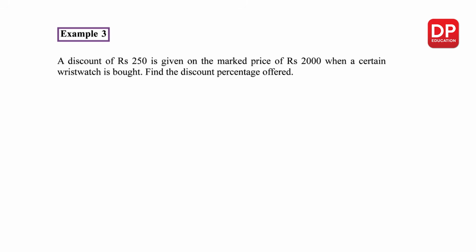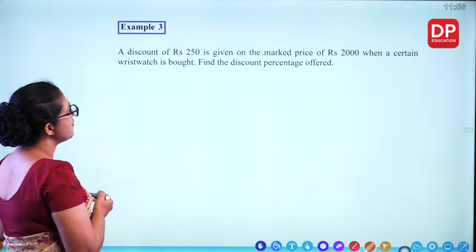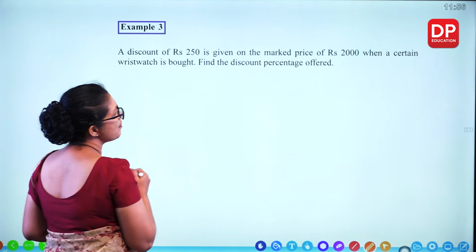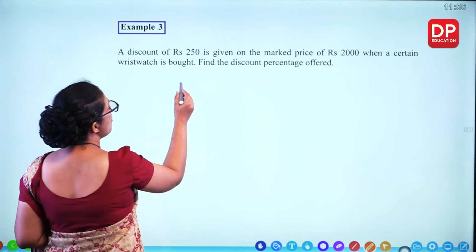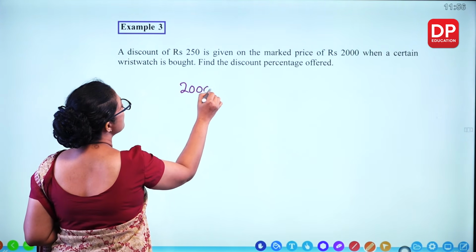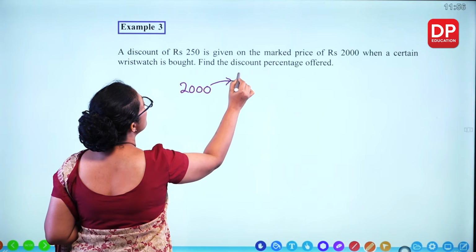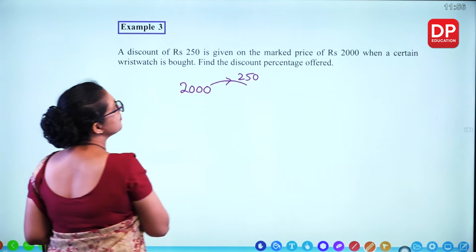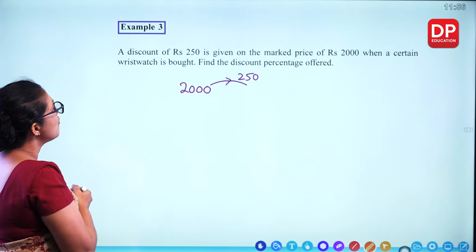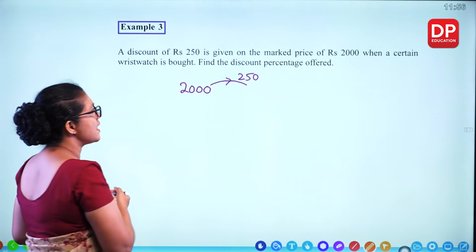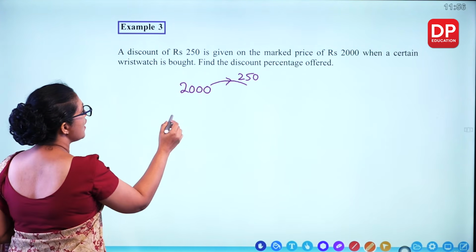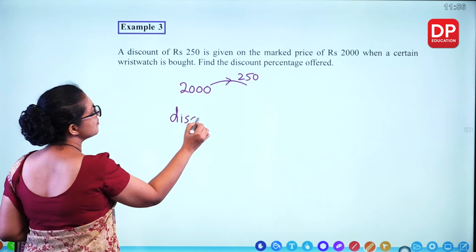Example number 3. A discount of 250 is given on the marked price of 2000. So 2000 is the marked price and given 250 discount. Find the discount percentage. So how you find out the discount percentage?